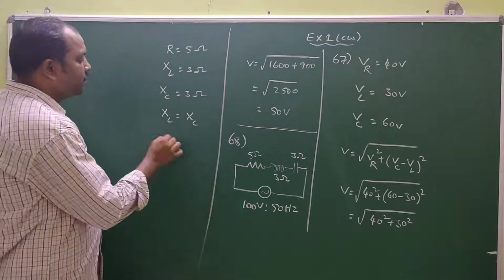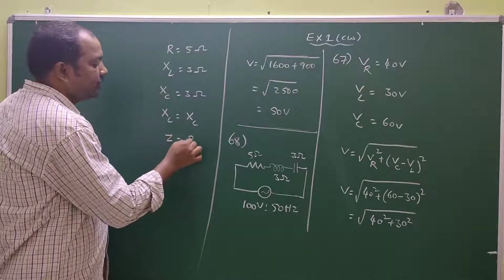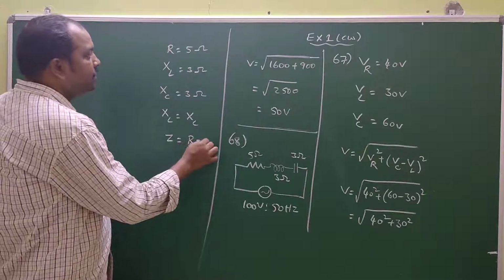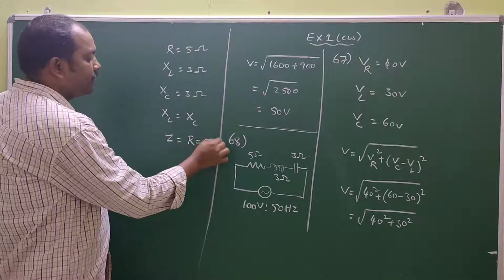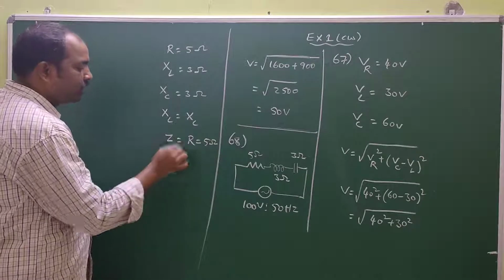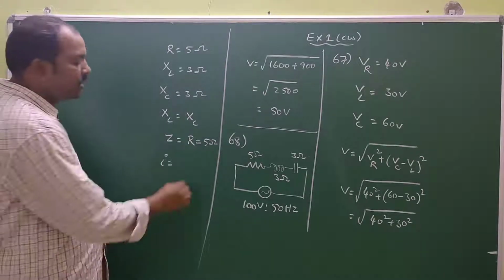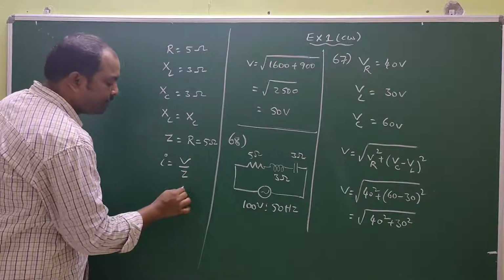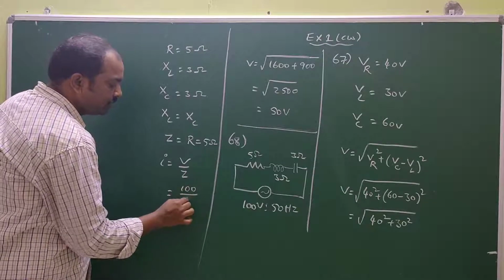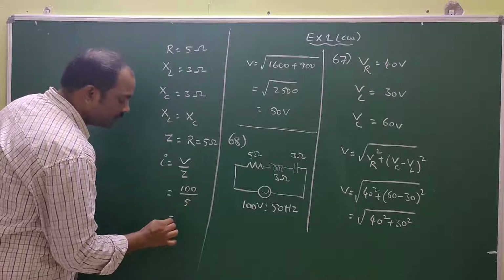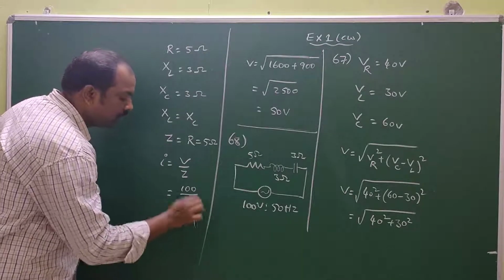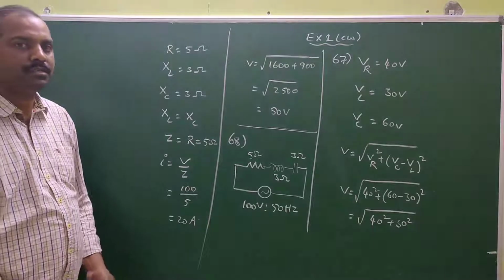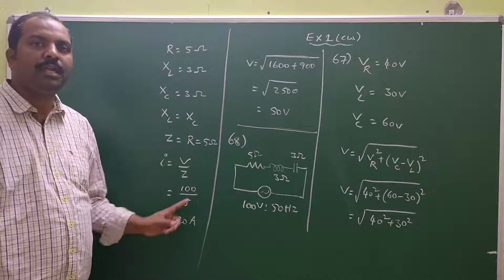As these both are equal, the impedance of the circuit is equal to the resistance only, so that is 5 ohm. Therefore the current through the circuit is applied potential by impedance. Here applied potential is 100, impedance is 5 ohm. So therefore it is 20 ampere. That is the current through the circuit, 20 ampere.